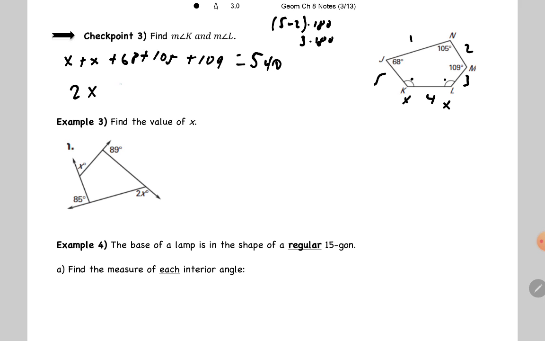So I'll get 2x plus, adding those guys up, 282 equals 540.